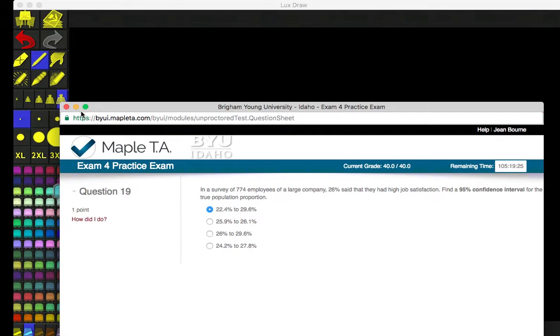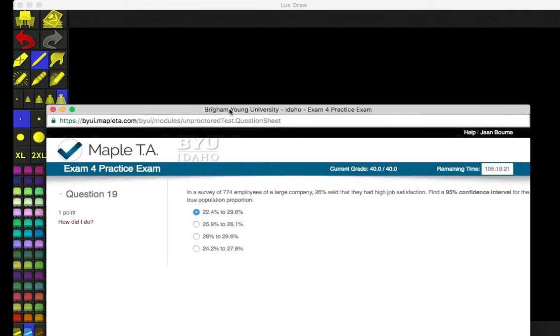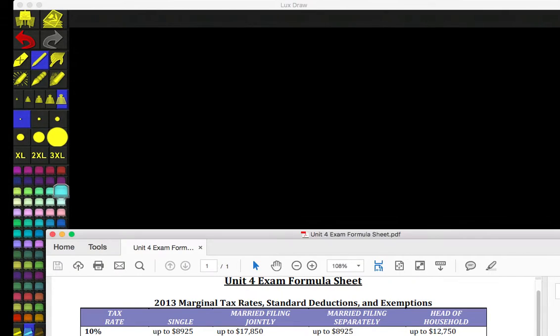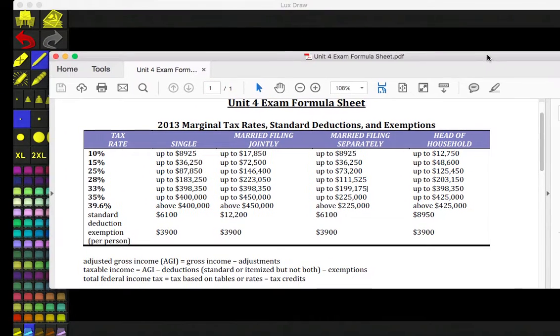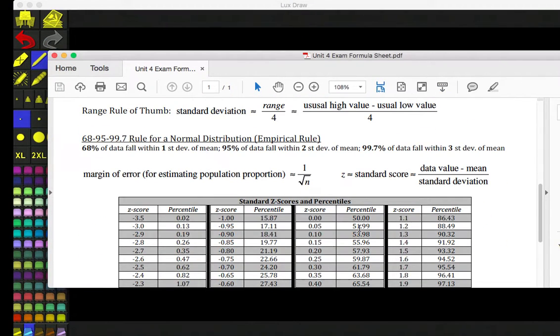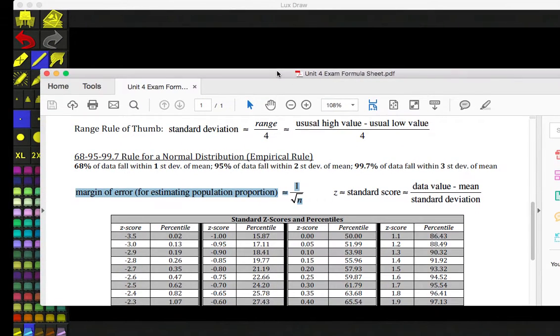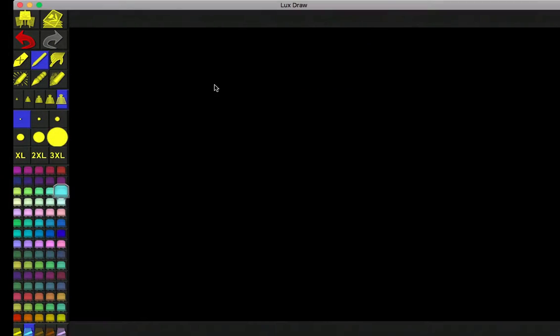Okay, to find a 95% confidence interval, I'm going to use my formula sheet right here. I first am going to find the margin of error. Okay? So the margin of error is 1 divided by the square root of n, which is my number.